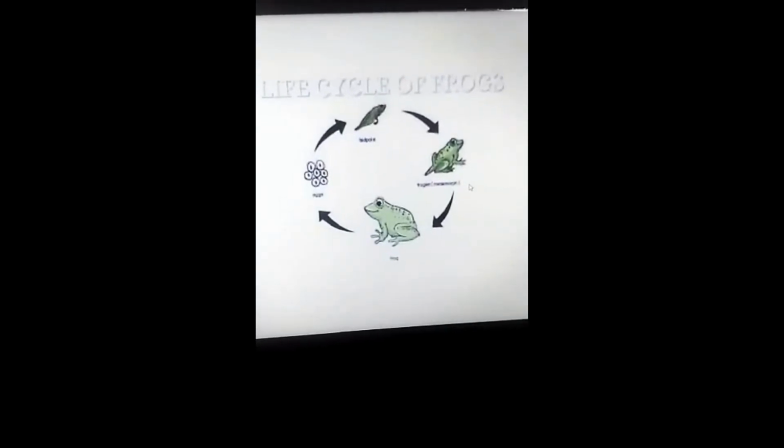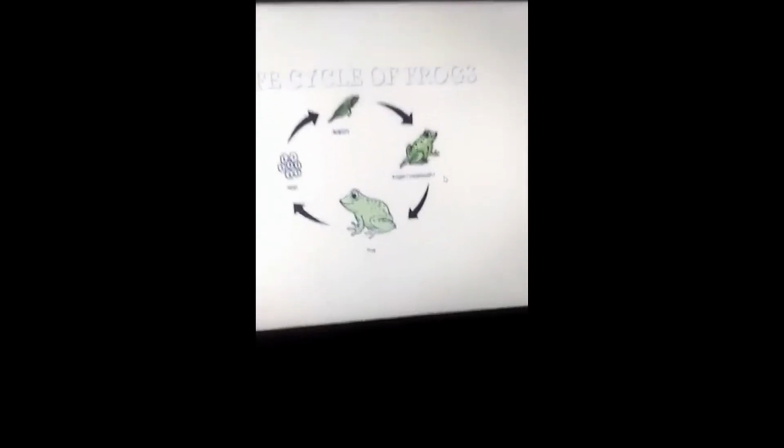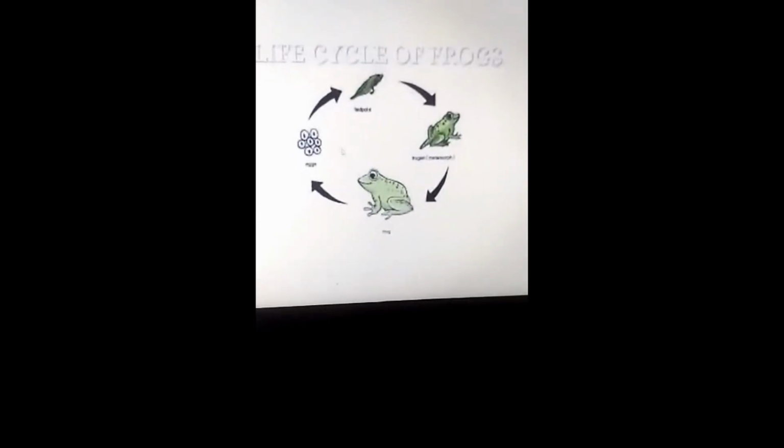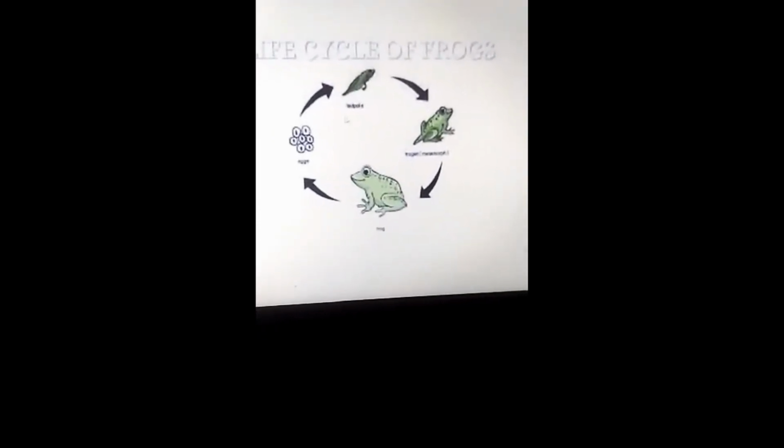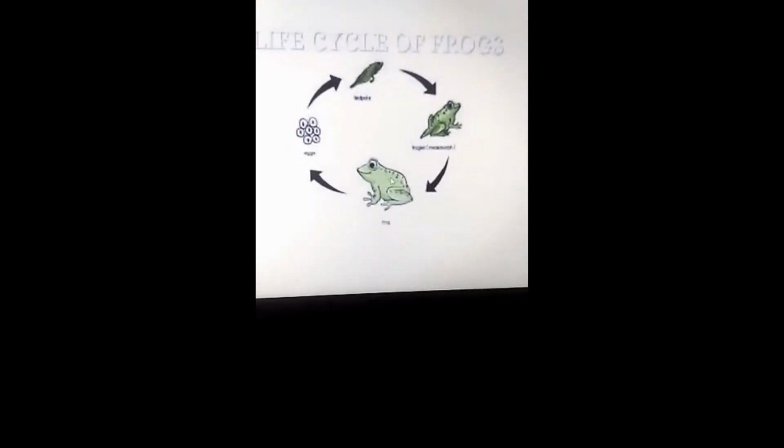Okay, let me show you a picture of their life cycle. See, here is a frog. The frog lays eggs, which become tadpoles, then a young frog, and then an adult frog.